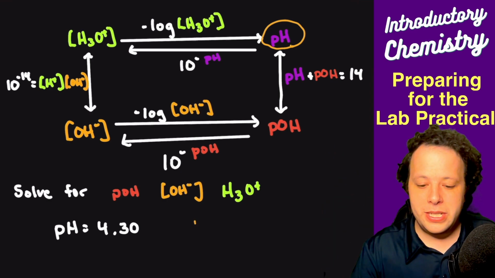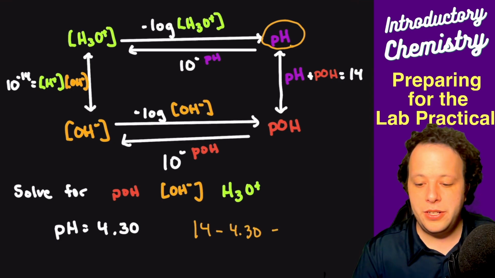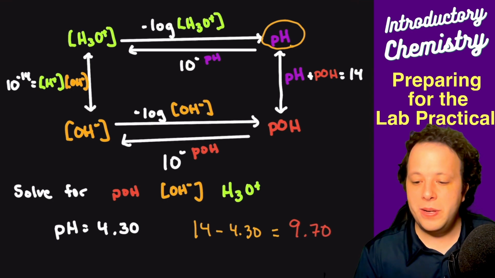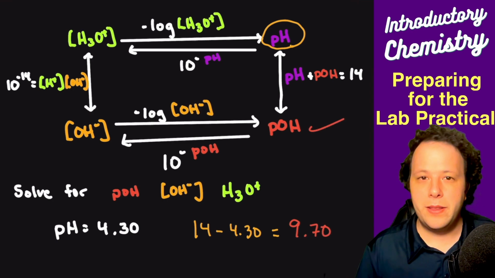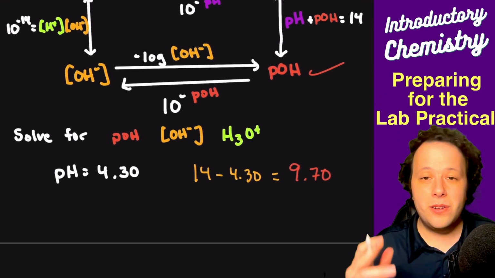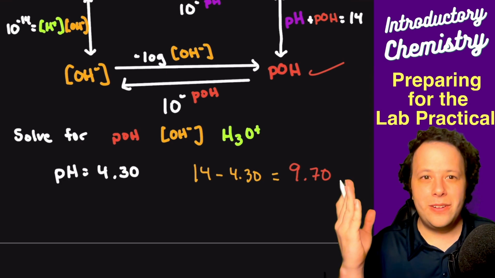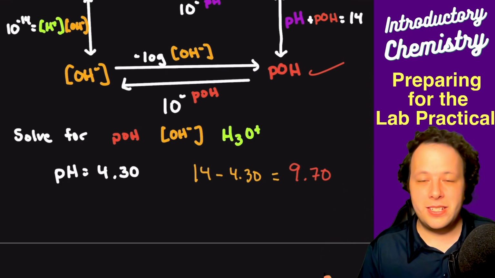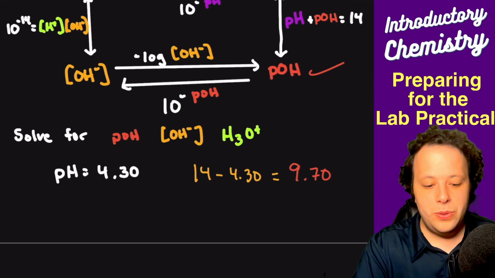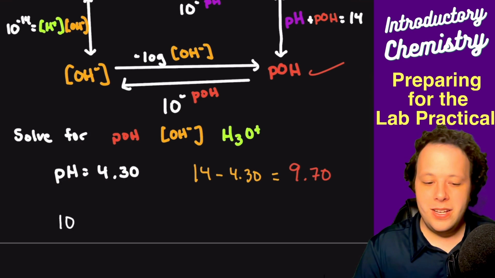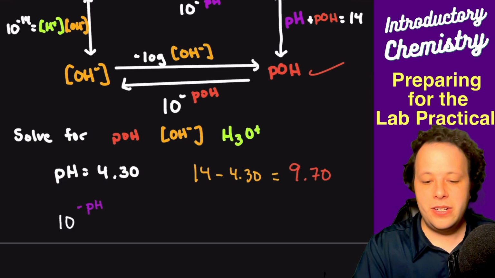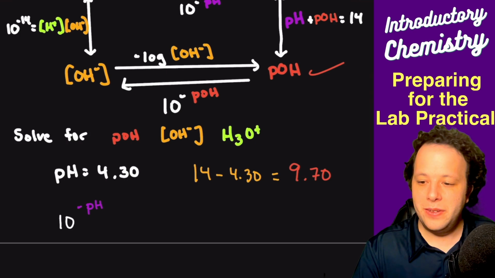All you need to do is take 14 minus 4.30, which was our pH, and we would get our pOH as 9.70. So we have one of the parts. Now, in order to go from either pH or pOH to its concentration, we need to do 10 to the negative pH or 10 to the negative pOH to solve for the other parts.